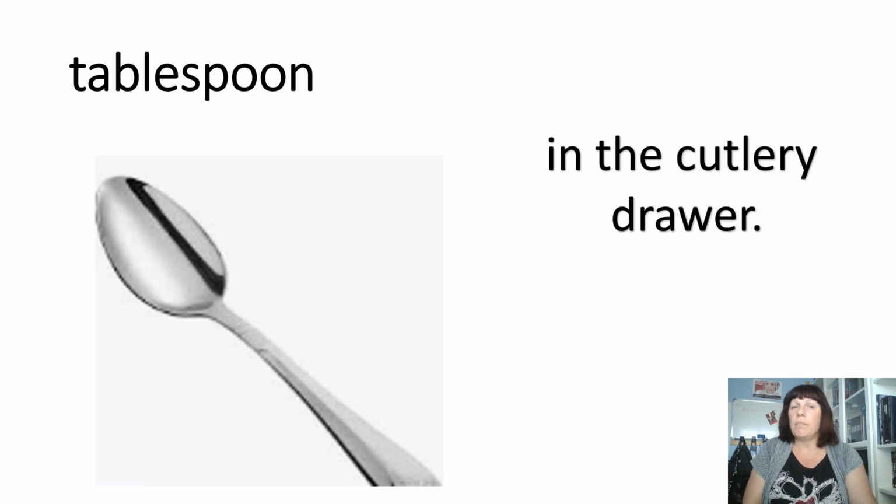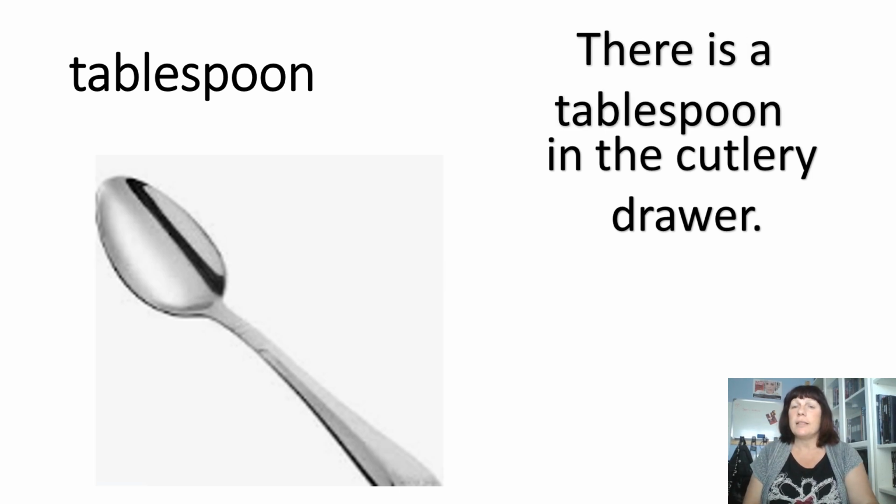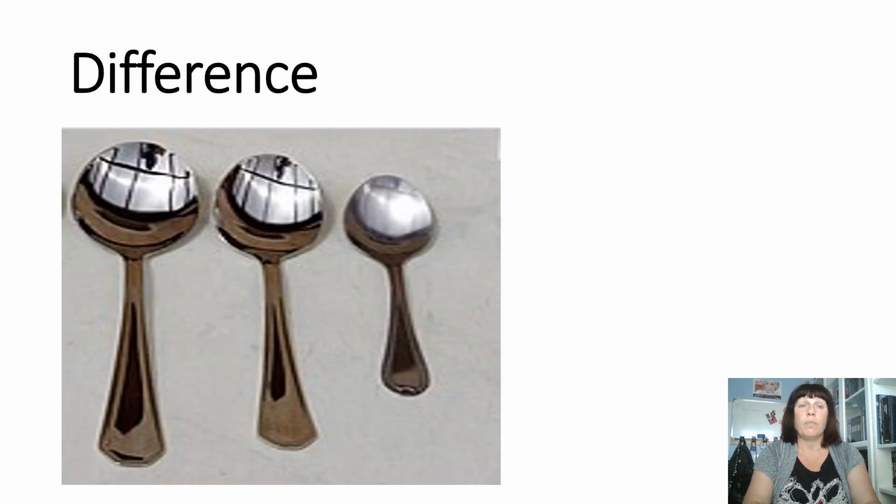And it's very important that you know the difference between the size of the teaspoon and the tablespoon, because in some of our recipes we are asked to use the teaspoon or the tablespoon to measure. So this is a tablespoon. There is a tablespoon in the cutlery drawer.